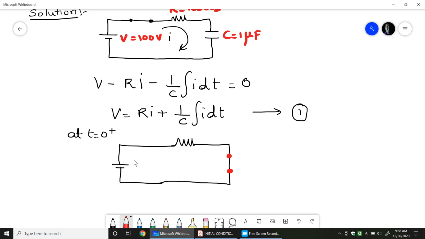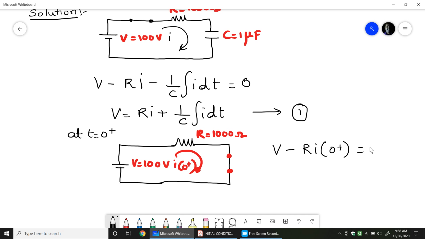Okay, so now V equals 100 volts and R equals 1000 ohms, whereas the current that we have is I of 0 plus. Now if I write the equation for this, then I'll get V minus R into I of 0 plus equals 0.